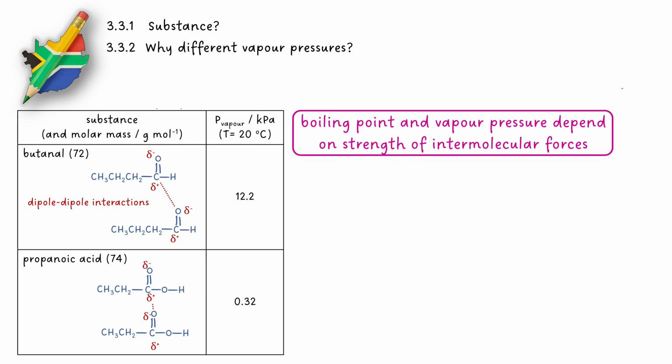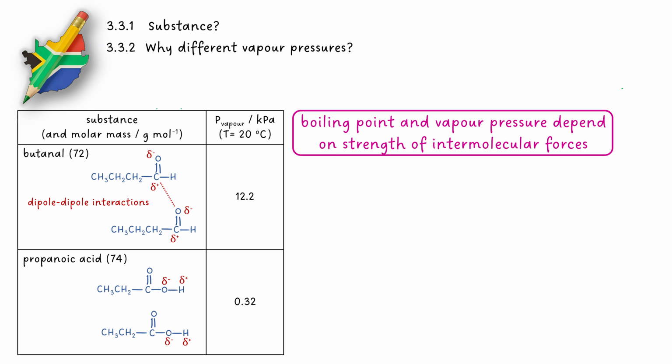In propanoic acid, there are also dipole-dipole forces and London forces. However, these are not the strongest intermolecular forces. In propanoic acid, the hydroxyl oxygen has a slight negative charge, and the hydroxyl hydrogen a slight positive charge.